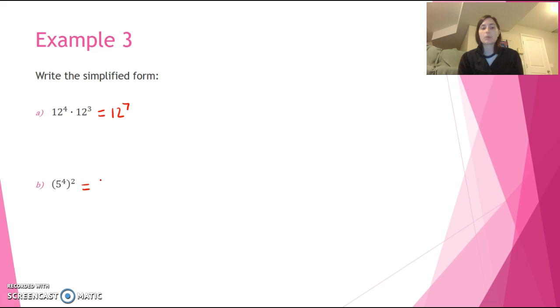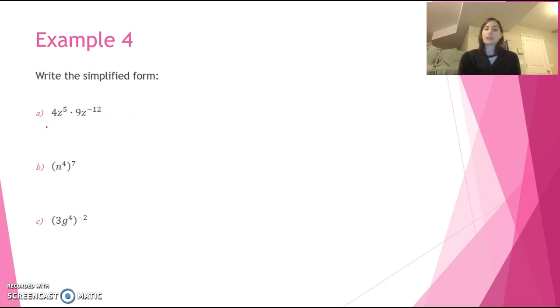And so here I'm going to multiply. So 5 to the 4 times 2, which is going to be 5 to the 8th power. And again, if it asked to evaluate, we would evaluate. But that's the basics of those two rules. This would be our product property, and then this one's our power to a power.